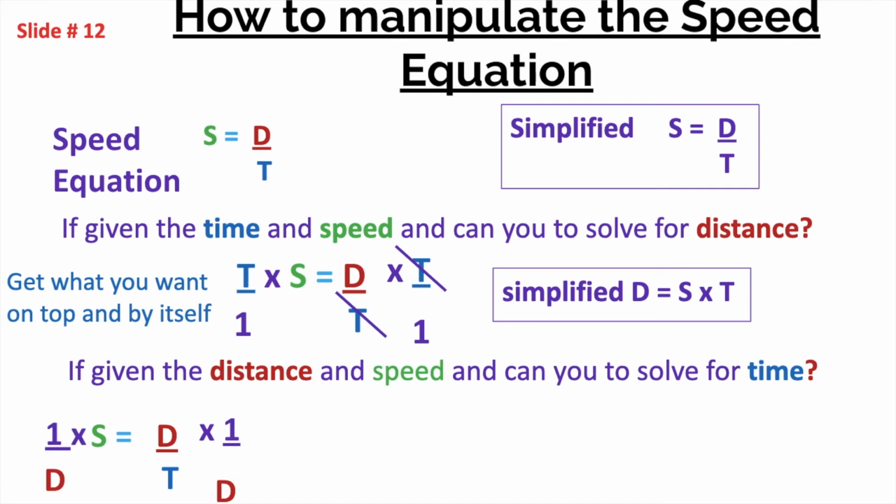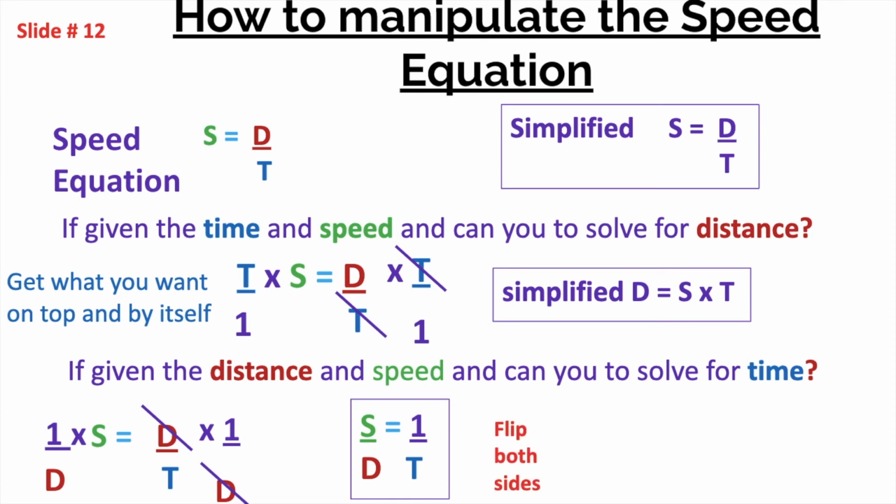But I'm going to multiply both sides by distance to get rid of it, which gives me this really wonky equation that speed divided by distance is equivalent to 1 divided by time. What's fun about fractions is if you just flip them over, they can still work the same in terms of their ratios. So if I flip both of my sides, then I can get a simplified equation that tells me time is equal to distance divided by speed.